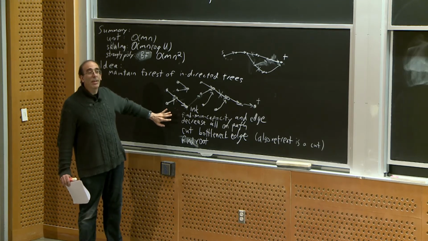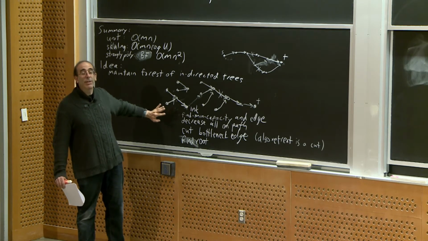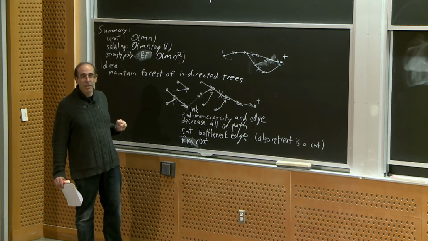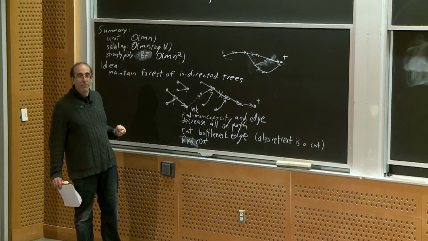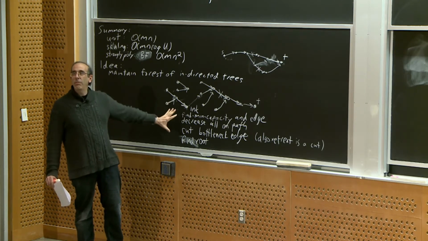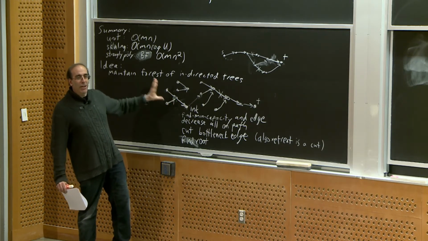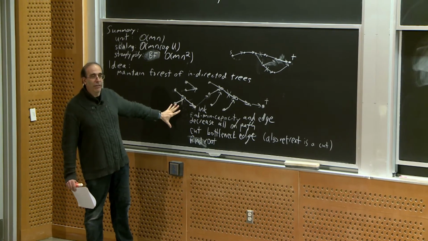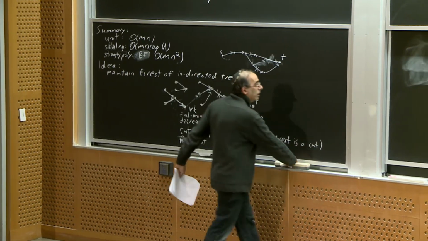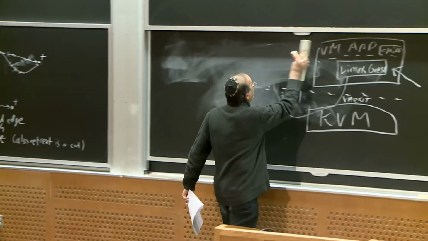Instead, I need some implicit representation that allows me to implicitly change the capacity of all of the edges on the path. Okay? So far, it's just been wishful thinking, right? If only there were a data structure that supported all of these operations, then I could do blocking flows really fast.